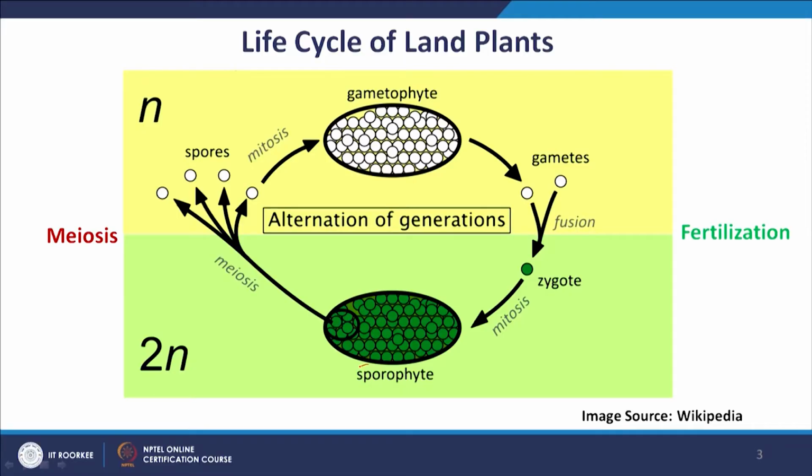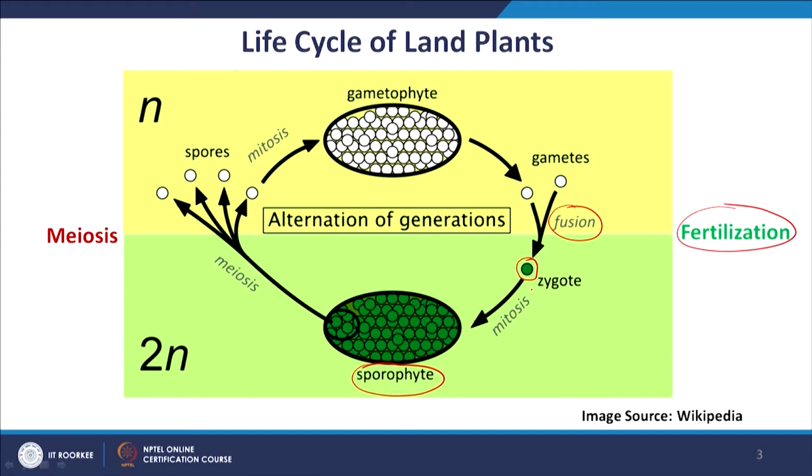In general, if you look at the life cycle of a land plant, it has two major phases, the sporophytic phase and the gametophytic phase. The sporophytic phase is the diploid phase of the life cycle, and it starts from a single cell called the zygote. This zygote is generated by the fusion, or fertilization, of male and female gametes.